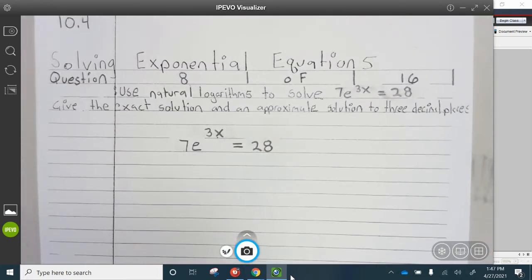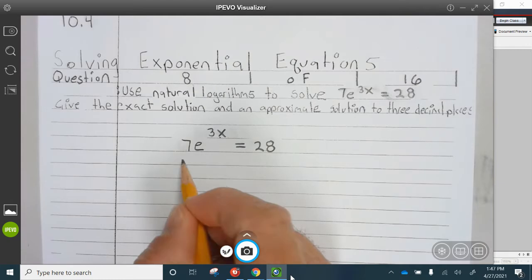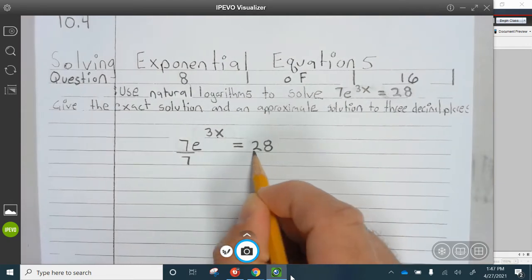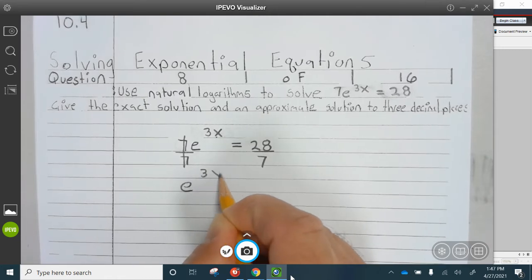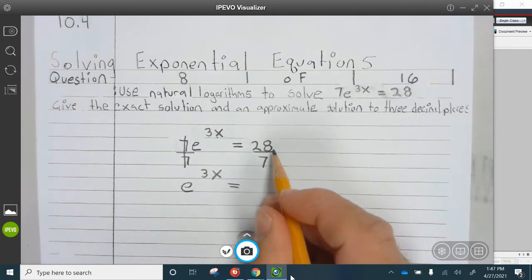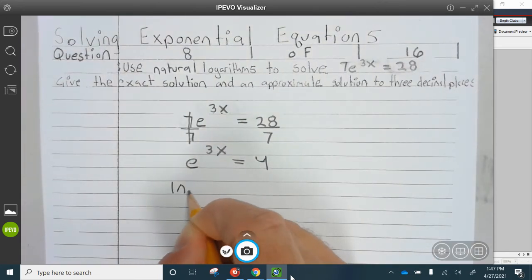All right, question 8 of 16. Use a natural logarithm to solve 7e to the 3x equals 28. Give the exact solution and approximate solution to 3 decimal places. All right, so first step is we're going to divide both sides by 7. That becomes 1. We get e to the 3x equals 28 divided by 7 is 4. Now we need to take the natural log of both sides.